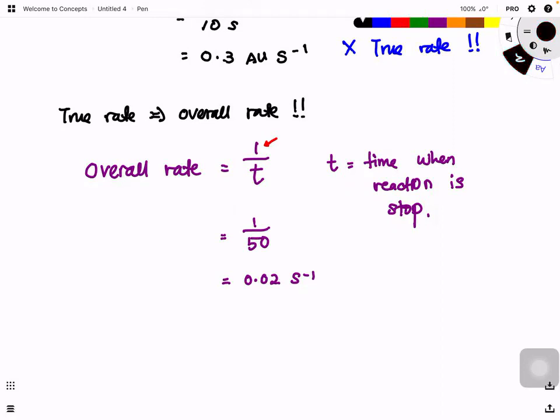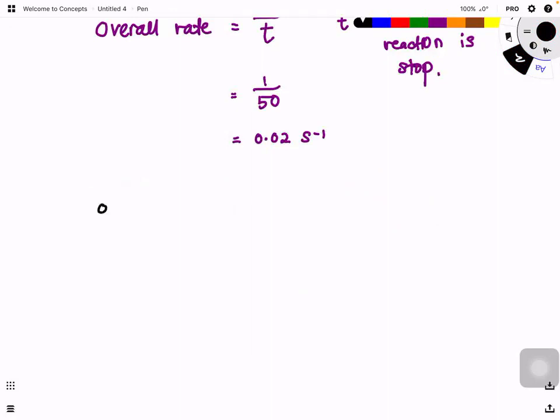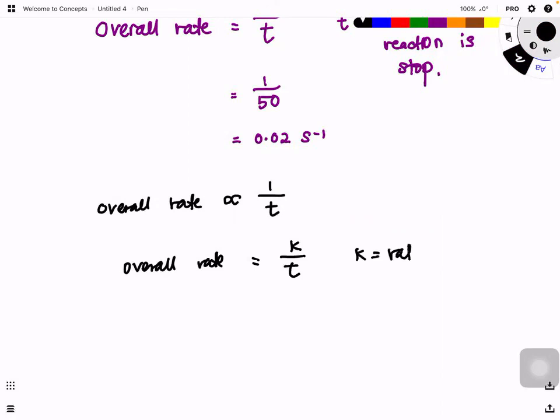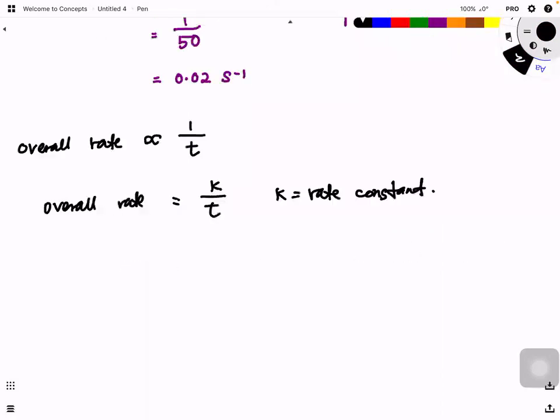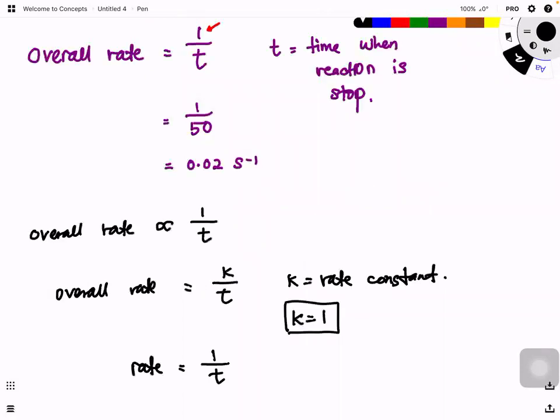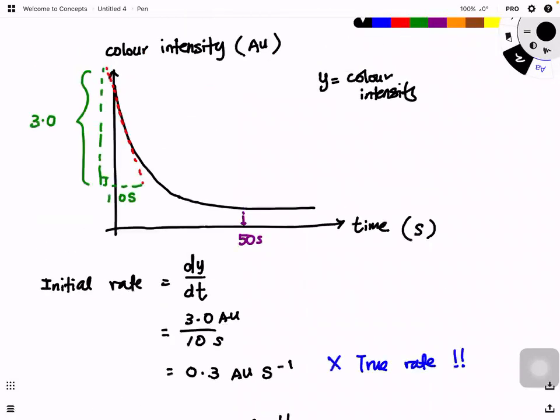In fact, the correct one is that the overall rate of reaction is proportional to 1 over T, so the overall rate of reaction equals K over T, where K is the rate constant. In our syllabus, we make the rate constant K equal to 1, so our overall rate is 1 over T. So this is a true rate of the reactions. So far, clear or not?